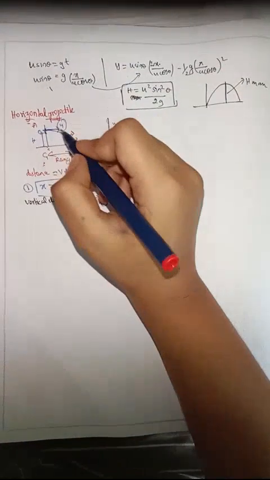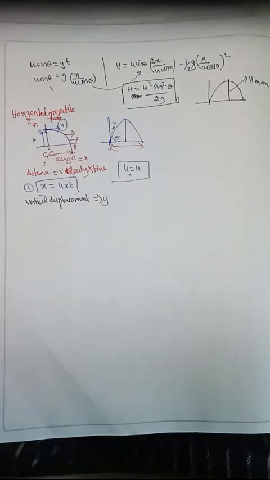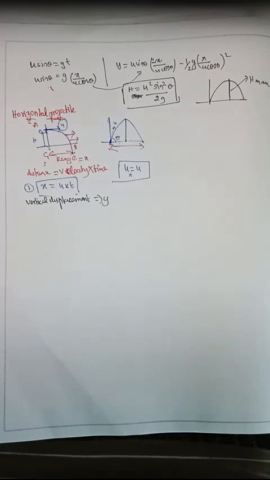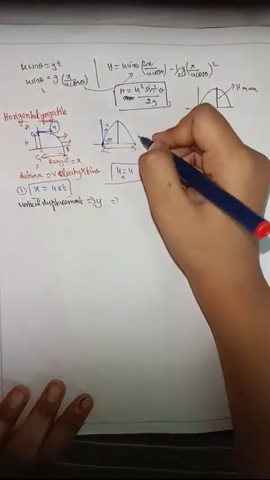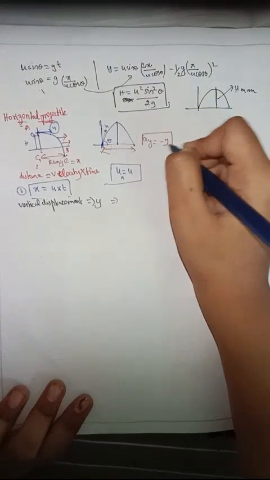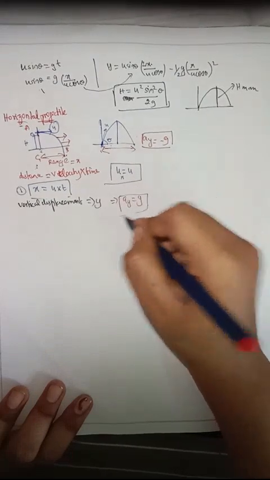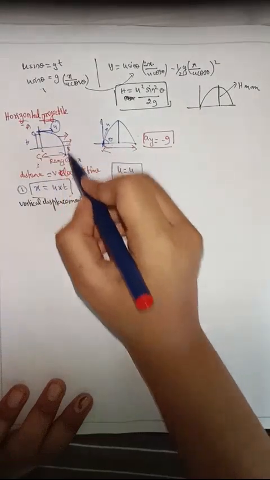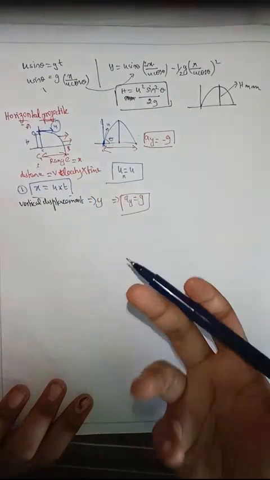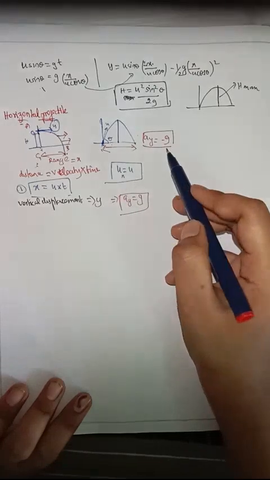Since we are throwing an object with some initial velocity and it is dropping, in oblique projectile we take acceleration along the vertical direction as minus g, but in horizontal projectile we have to consider the acceleration along the vertical direction as positive. Here velocity is downwards and acceleration is also downwards, so the acceleration is positive. In oblique projection, velocity is upward and acceleration due to gravity is downward, so the acceleration is negative.